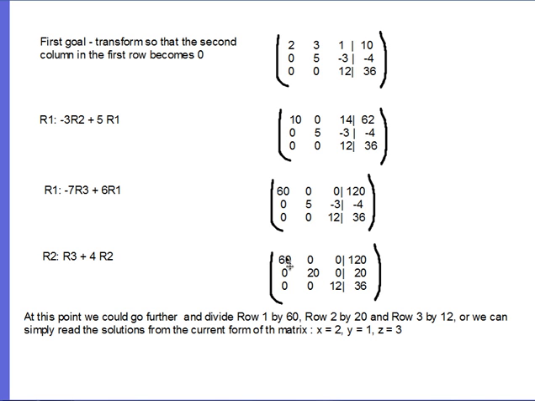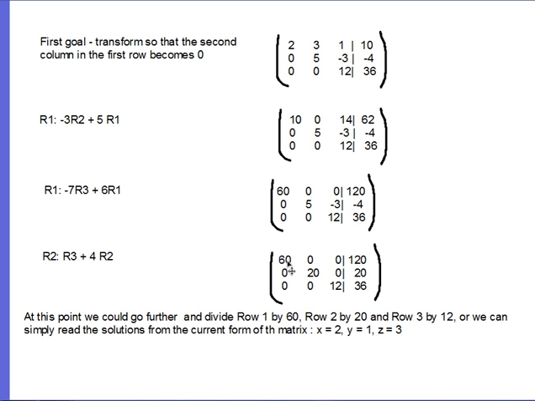Now you can see that what we have is coefficients in the diagonals. That's equivalent to saying 60x equals 120, 20y equals 20, and 12z equals 36. So at this point I have a choice.